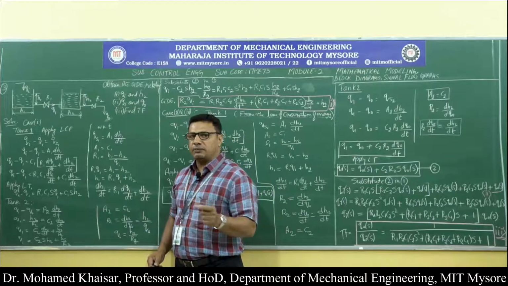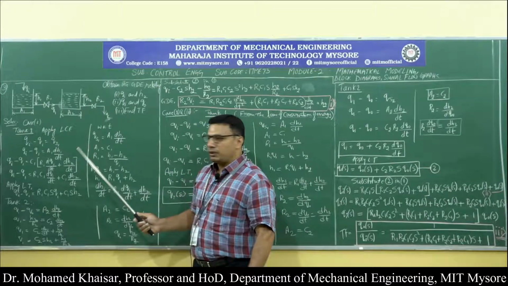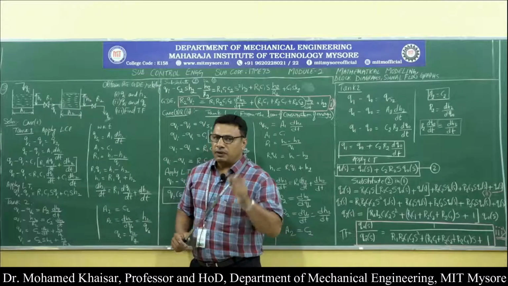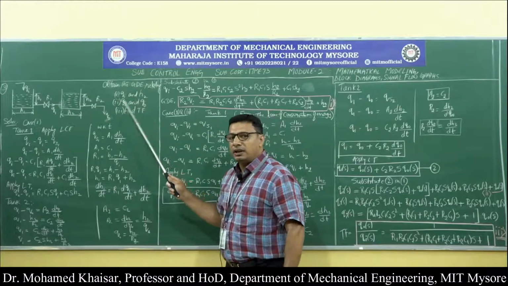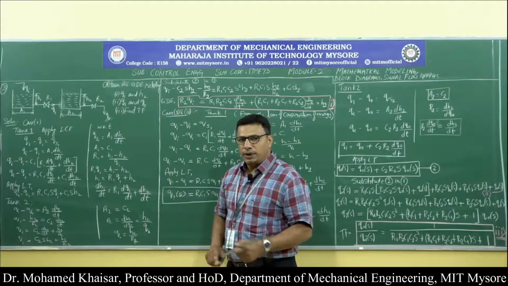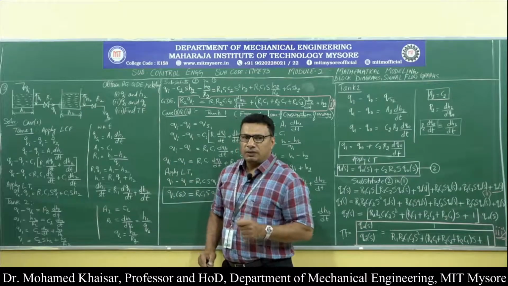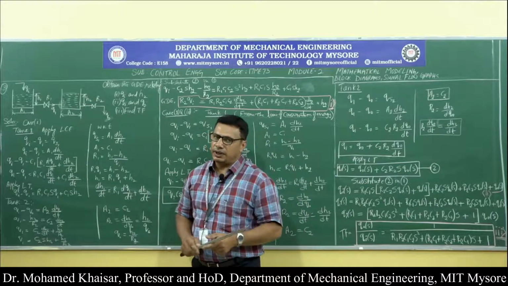The relationships that we have known from the network approach introduction will be used to find the governing differential equation relating Qi and H2 as well as Qi and Q0. But the basic governing law for the hydraulic system is the law of conservation of energy.